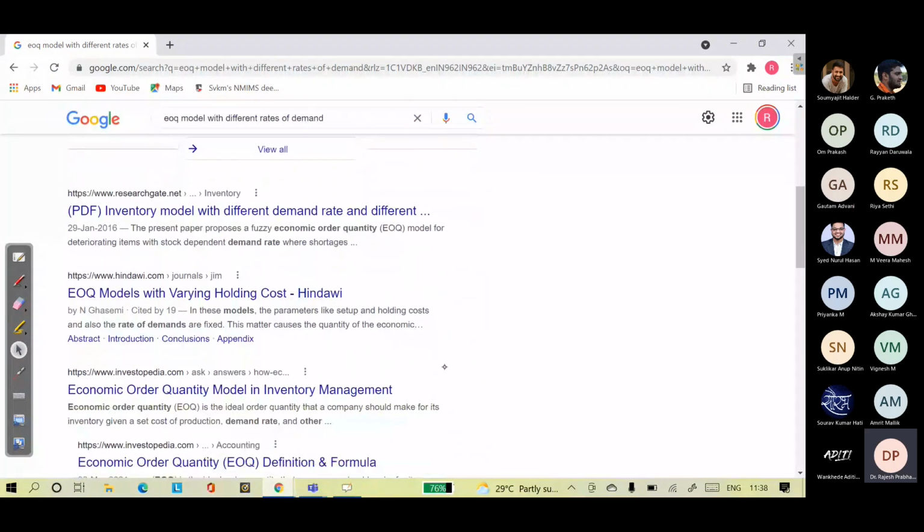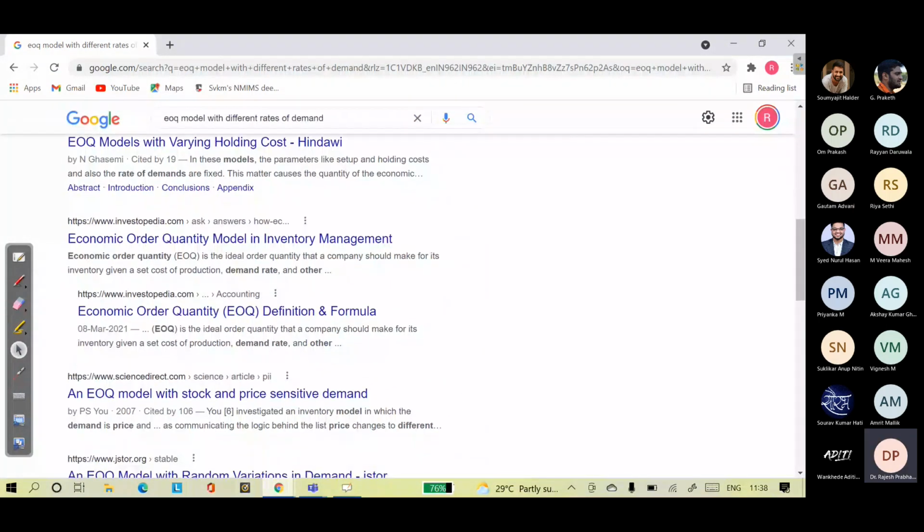EOQ model with different rates of demand.